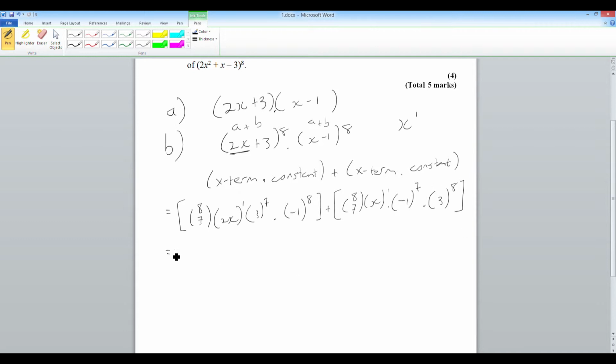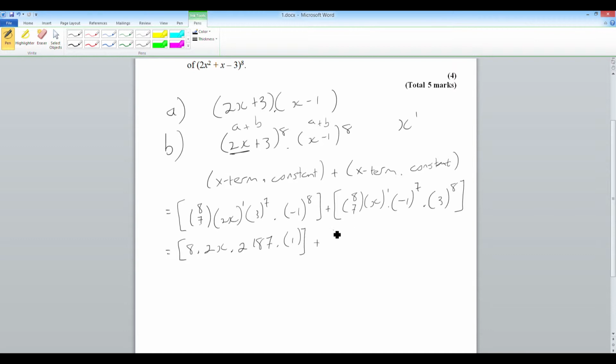I can go and simplify this. I know the combination of 8 and 7 is going to give me 8, multiplied with 2x to the power of 1, multiplied with 3 to the power of 7, which gives me 2187, multiplied with negative 1 to the power of 8. But 8 is an even number, so negative 1 will become positive 1.